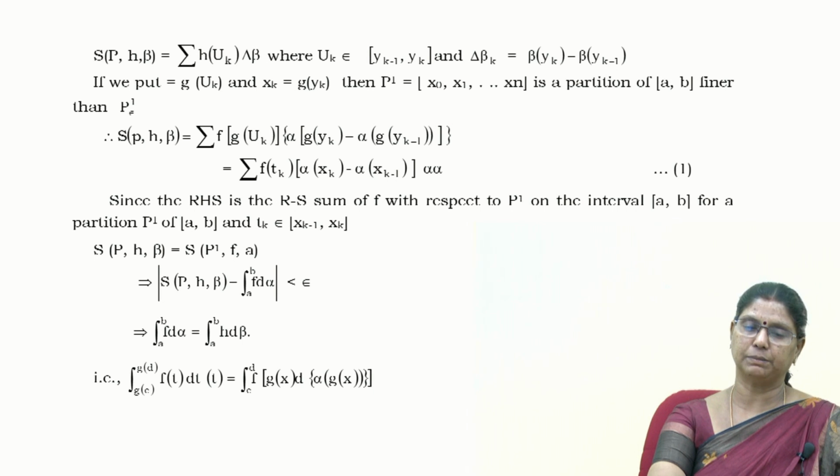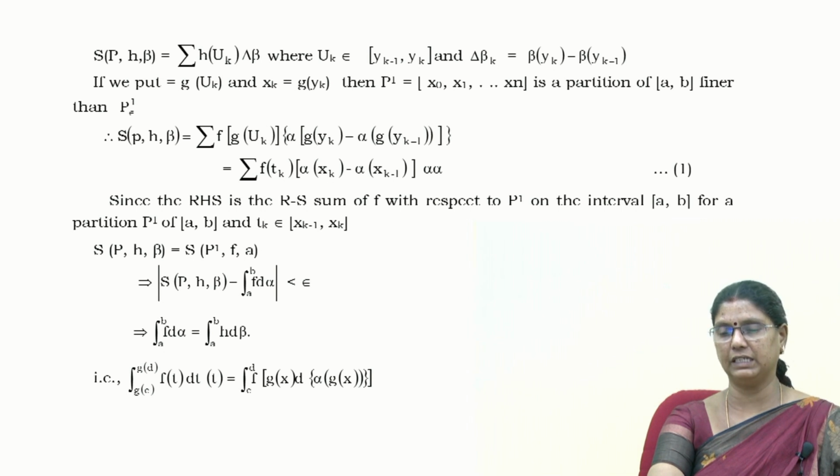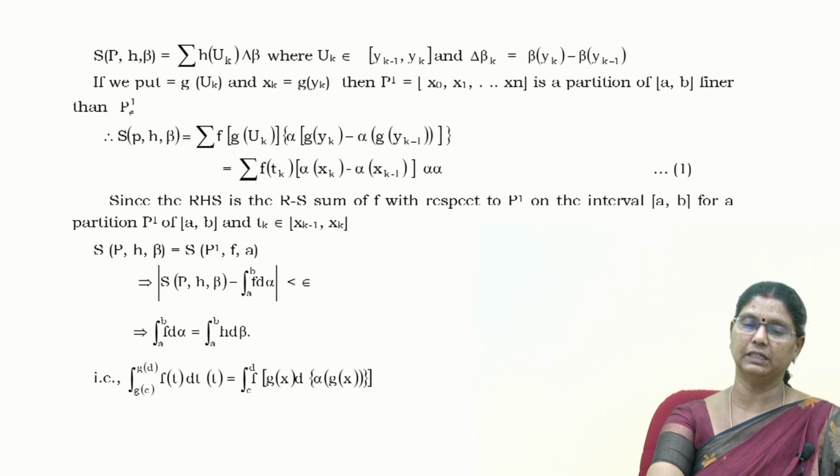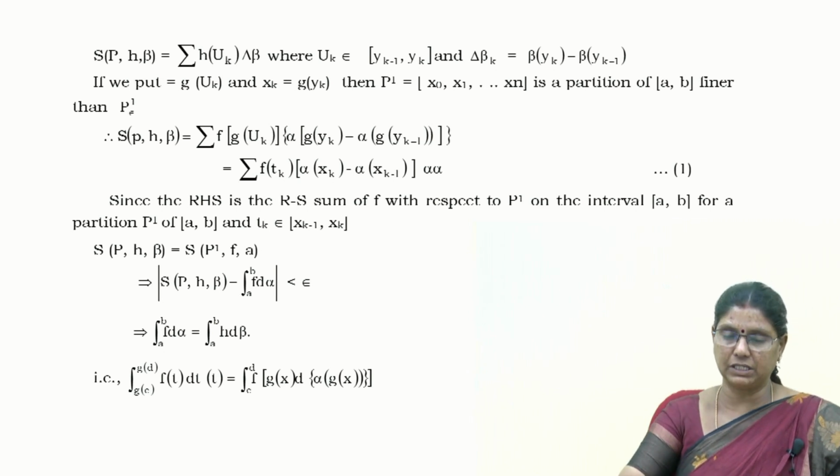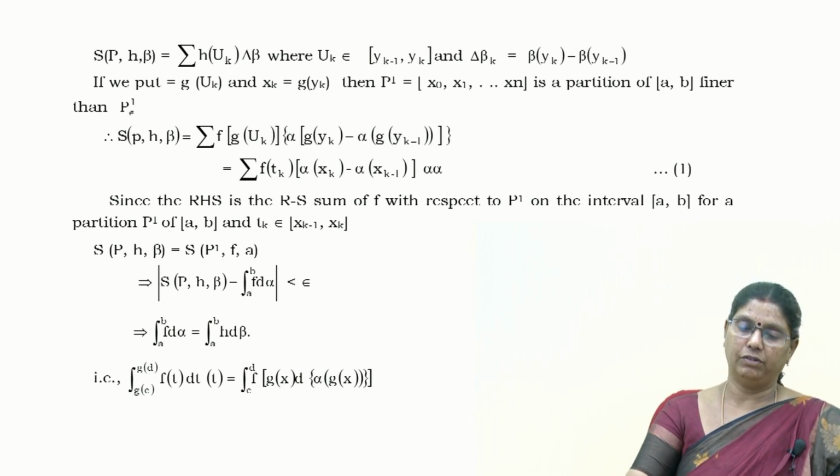Therefore, S(P, h, beta) is equal to the sum of f of g of uk into alpha of g of yk minus alpha of g of yk minus 1, and this is nothing but the summation of f of tk into alpha of xk minus alpha of xk minus 1.